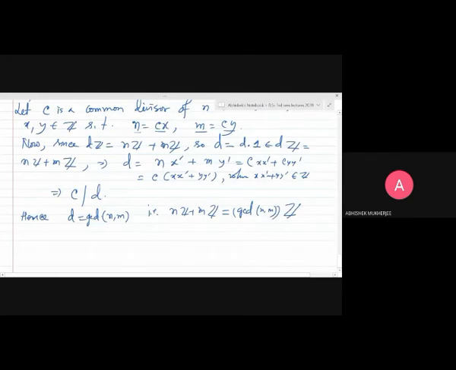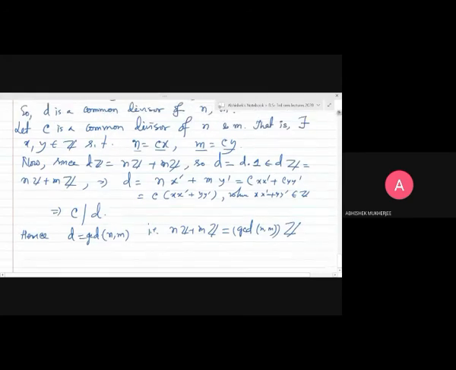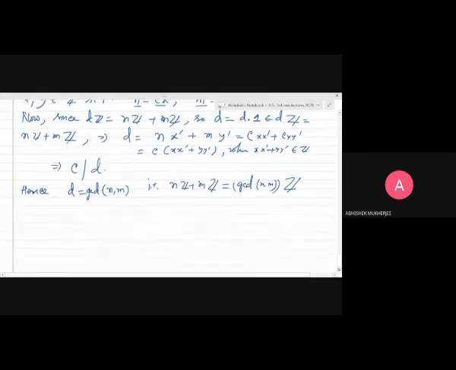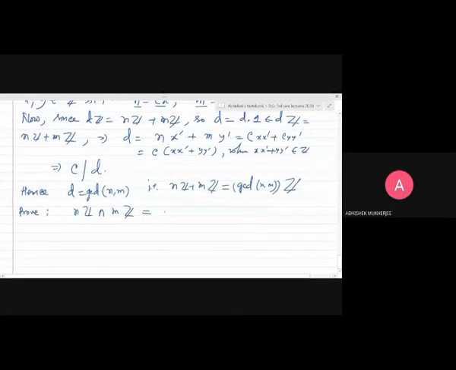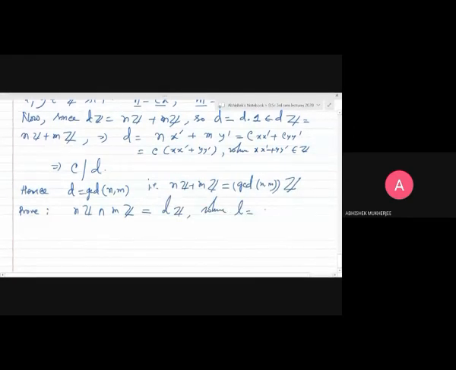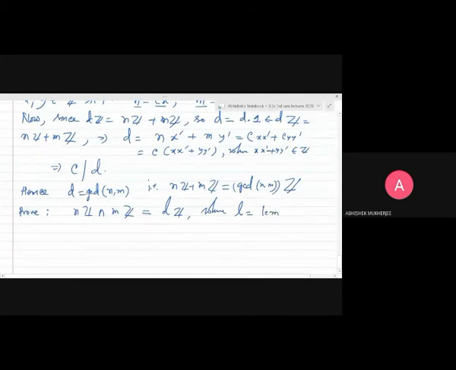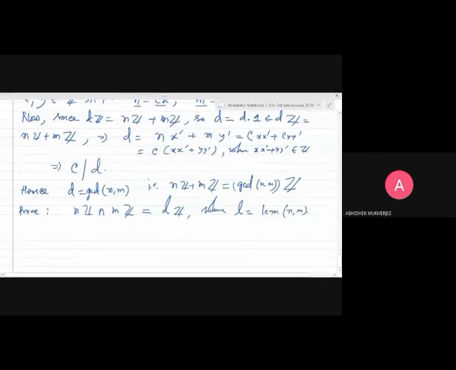Now I am leaving the other fact that if you consider the intersection, then nZ intersection mZ is actually lZ, where L is the LCM of n comma m. Okay, that I am leaving up to you.